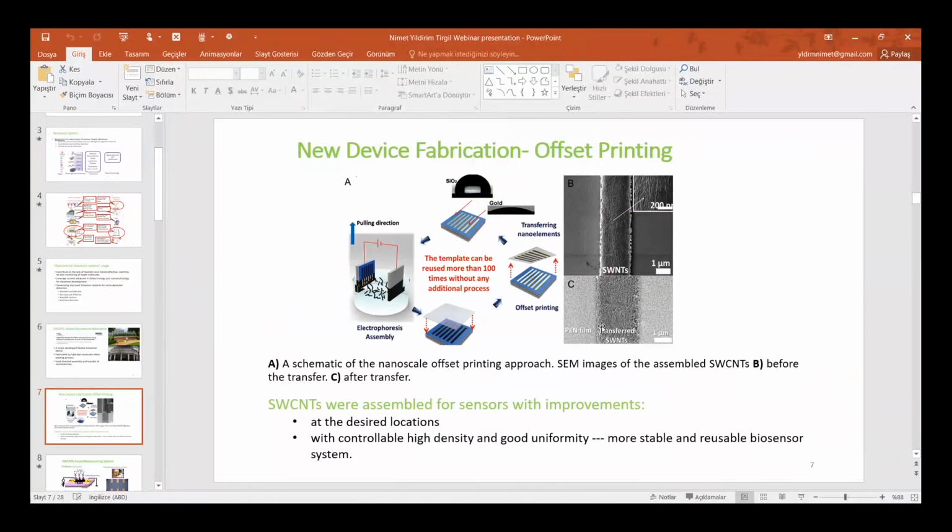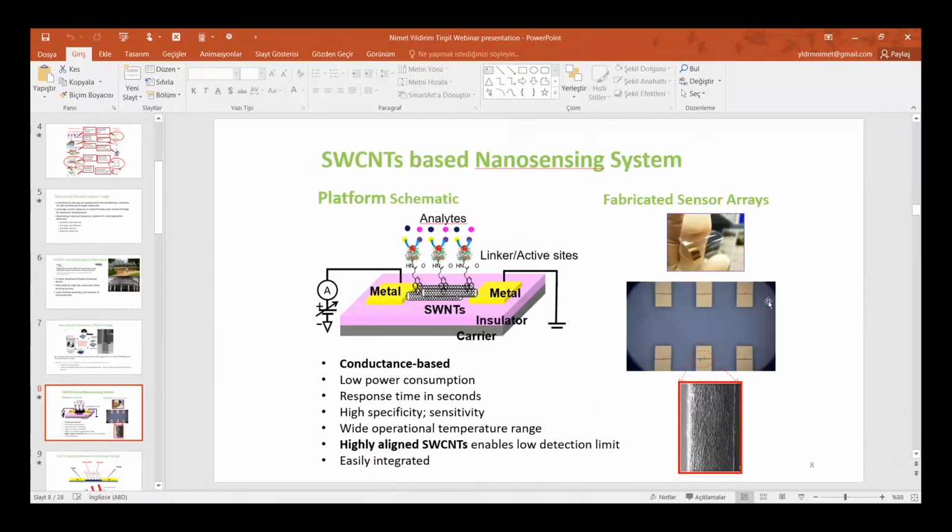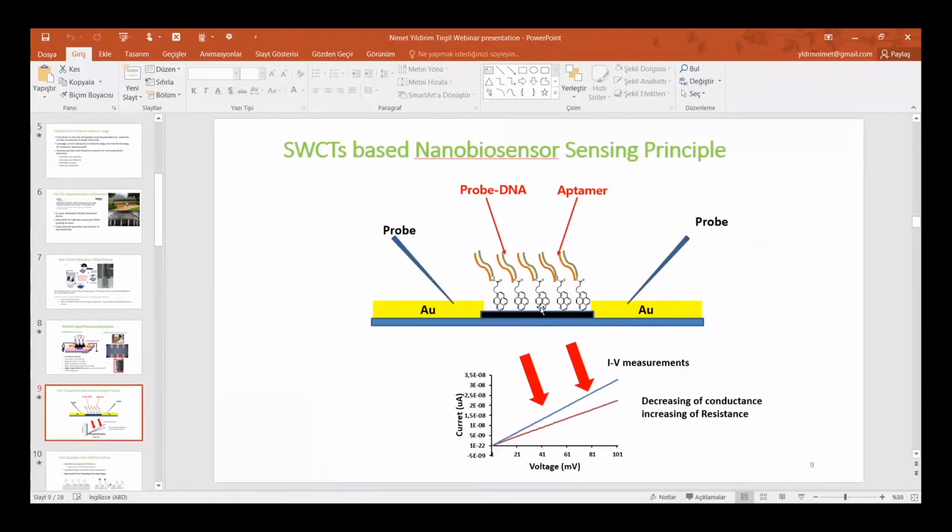I observed them while they were fabricating it. I know the theoretical part, but I am not an expert in the practical fabrication part. They fabricated this nano device and gave it to us, and then we applied it to this biosensor.